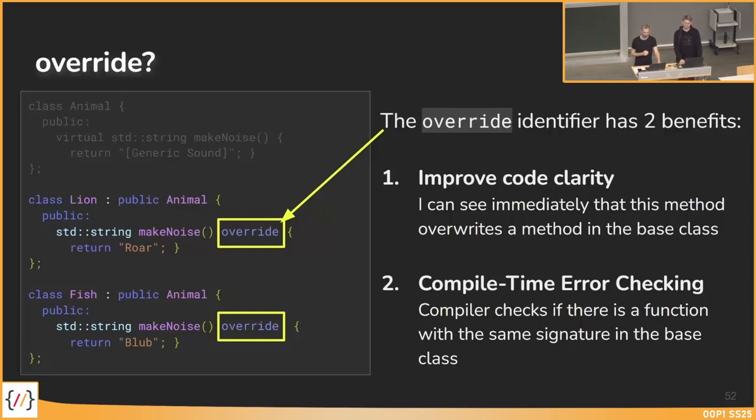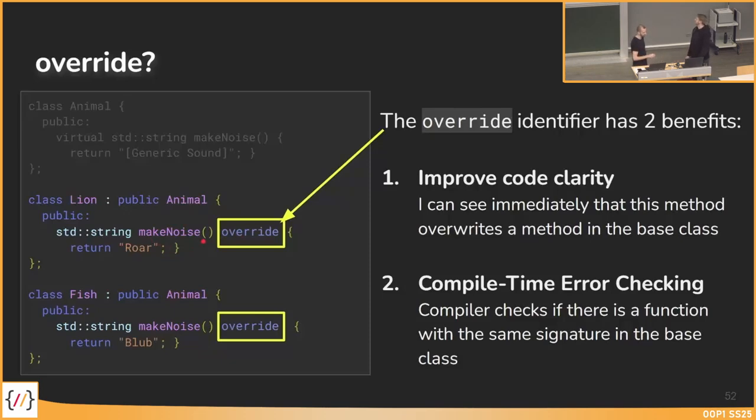This override identifier has two benefits. The first one is that it improves your code clarity. It's easier for you because you can easily identify, okay, this one is override, so I don't have to look into my animal class. I know that in the animal class there must be a make noise method, otherwise it won't compile. And this is also the second advantage. At compile time, we can check if there is really a make noise in the base class.